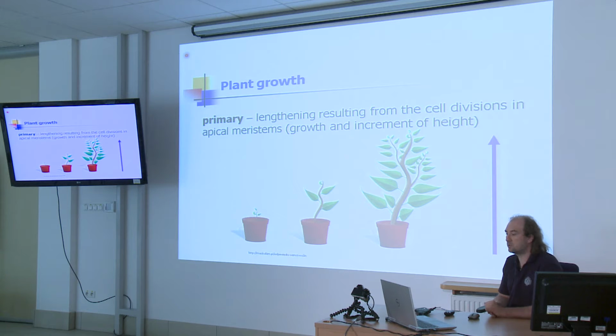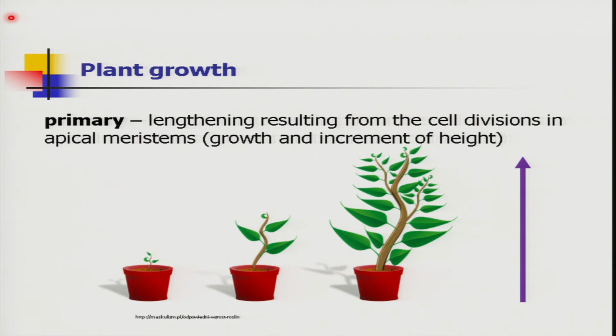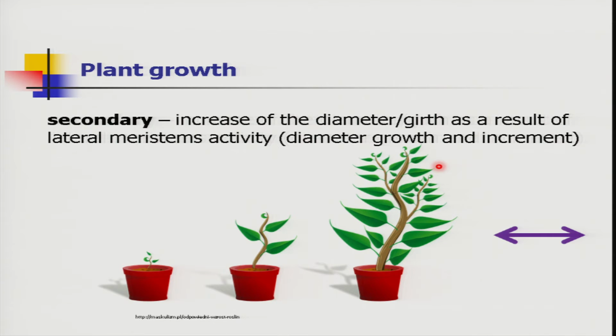Primary growth, which is connected with the lengthening of a plant, the growth and increment of height, is covered by apical meristems. But we also have the secondary growth, which means that the diameter of a plant, or its girth, expands.